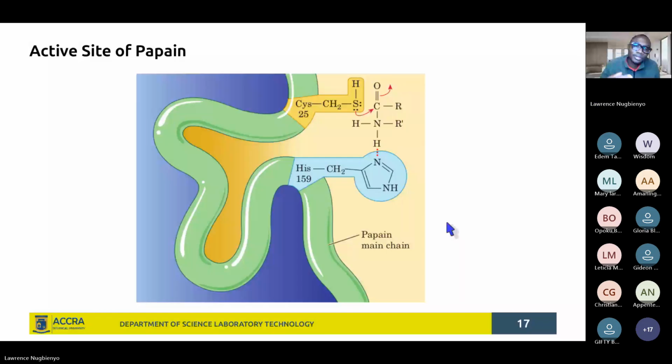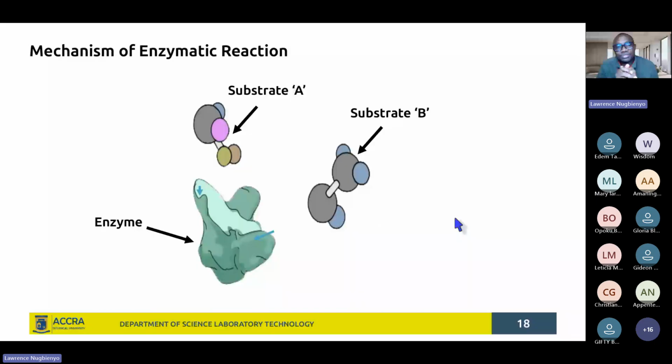Now, if you take what we have spoken about so far, and you want to look at how enzymes carry out their action on substrates, we are taking the mechanism of enzyme reaction.